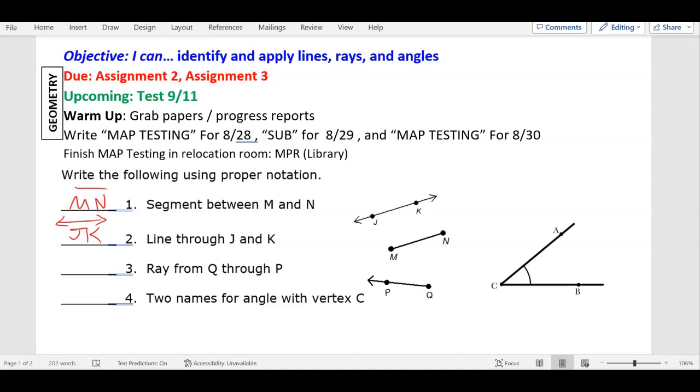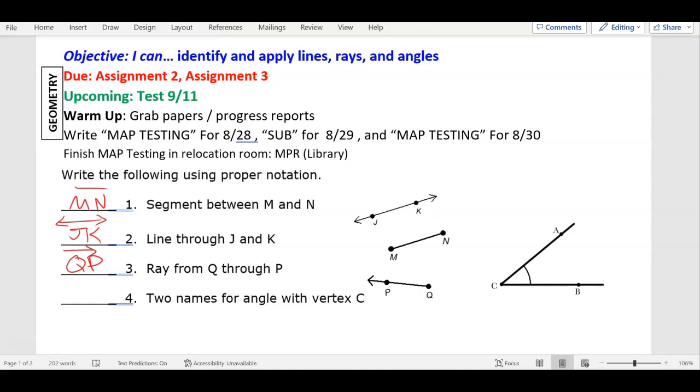So we start writing Q, and then we write P because it goes through P. QP. And just like the picture has 1 arrowhead, our notation also has to have 1 arrowhead.